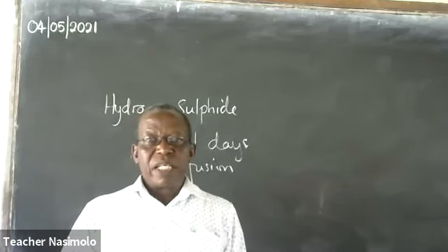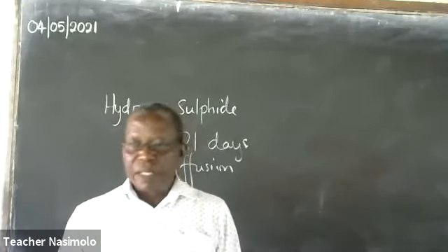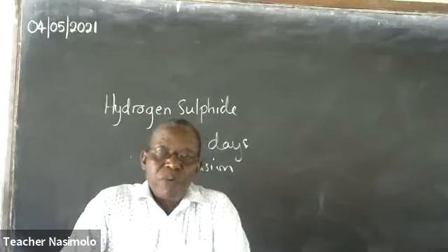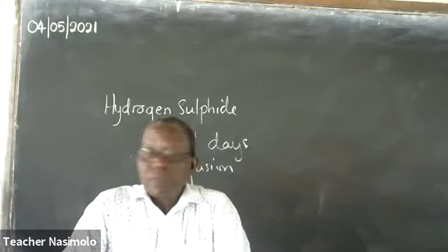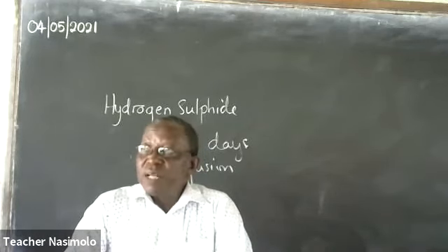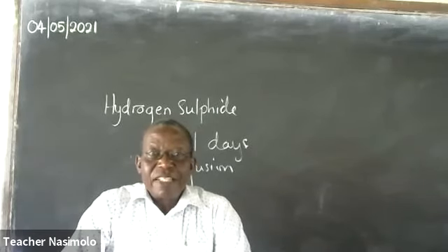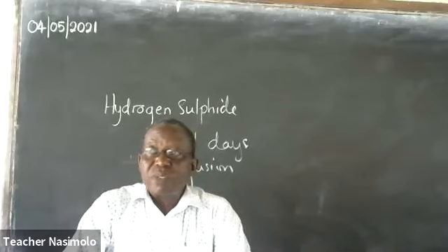When we talk about sodium chloride, the common salt that we normally use when we are at table, the one we put in our sauce, when you heat it, it also melts and becomes liquid.